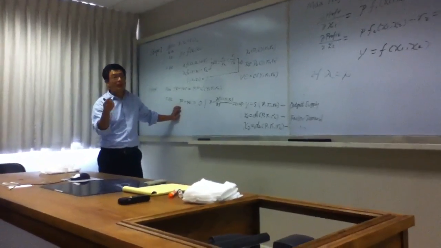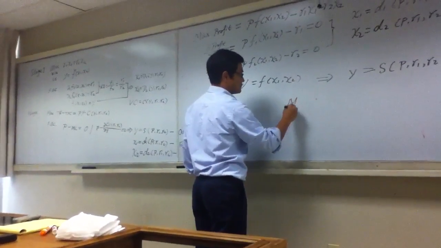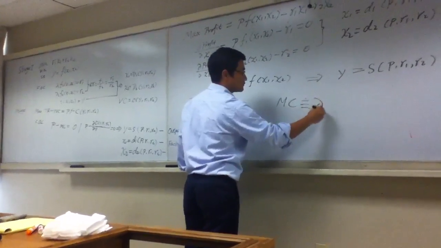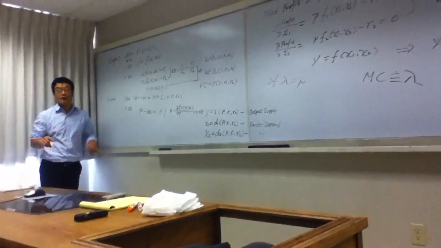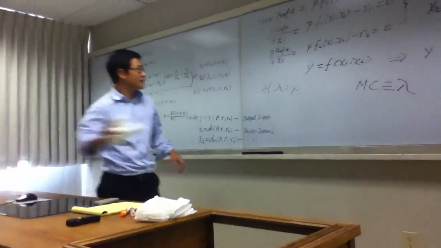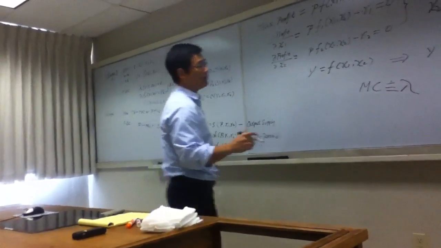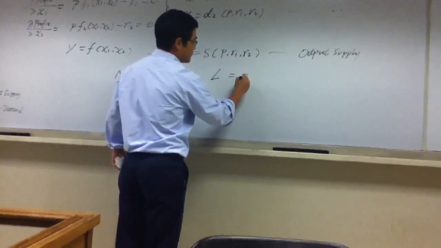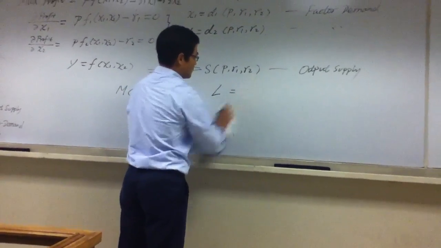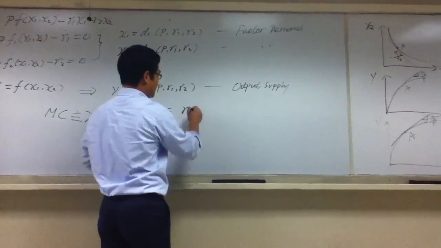The Lagrange multiplier is marginal cost in the cost minimization problem. To see that more clearly, remember when we solved the cost minimization problem, we set up the Lagrangian function: r1 x1.